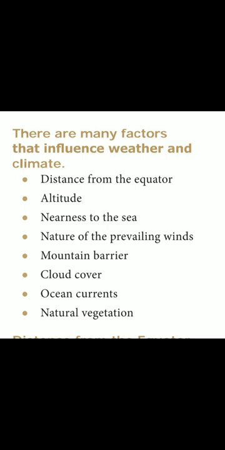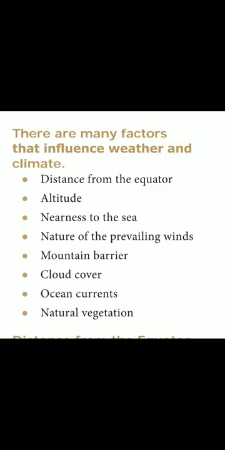Next one is the mountain barrier. What do you mean by barrier? That means it is a blockade. The location of a mountain influences the climate of a place. The mountain chains act as a natural barrier for the wind. Sometimes they prevent the entry of cold winds into the country or the escape of monsoon wind, thus having a great influence over the climate.